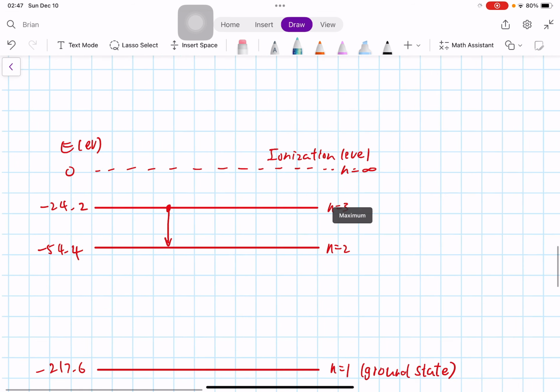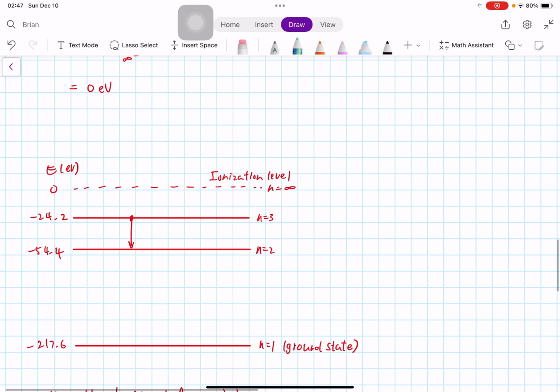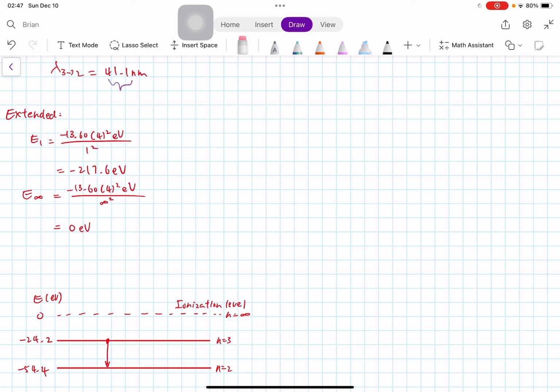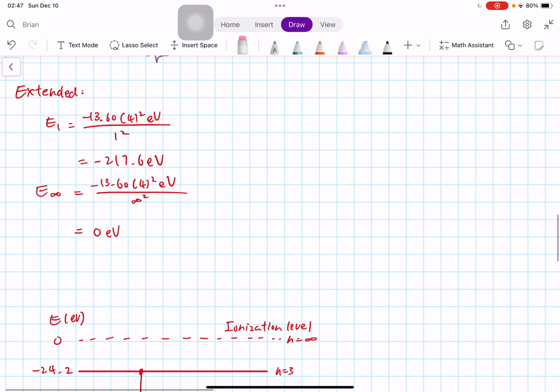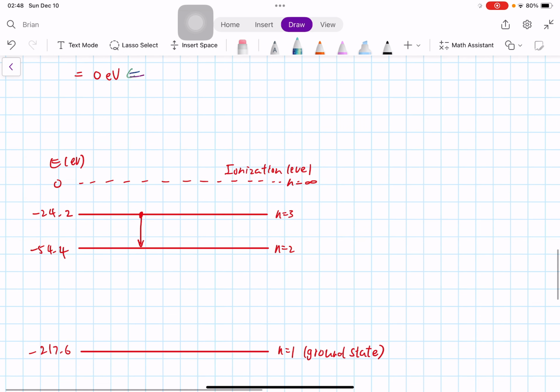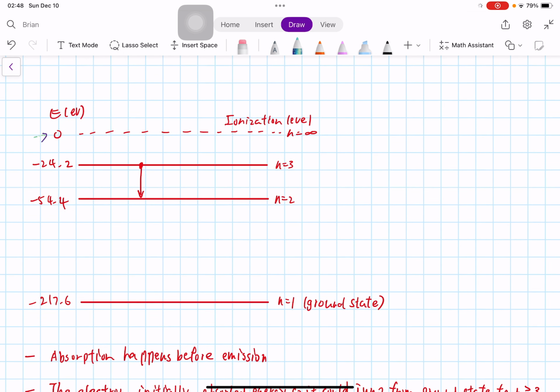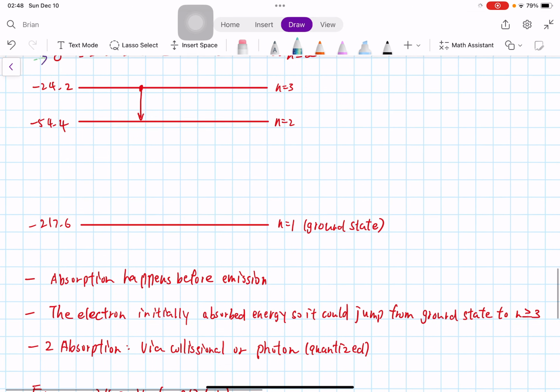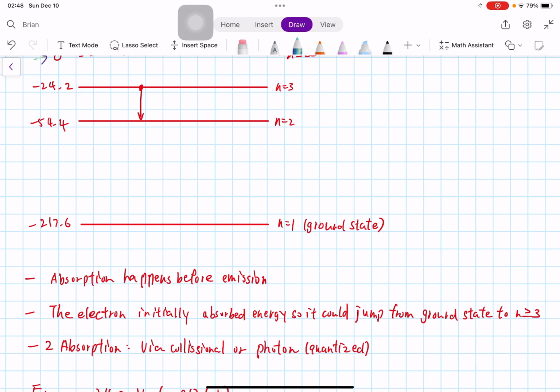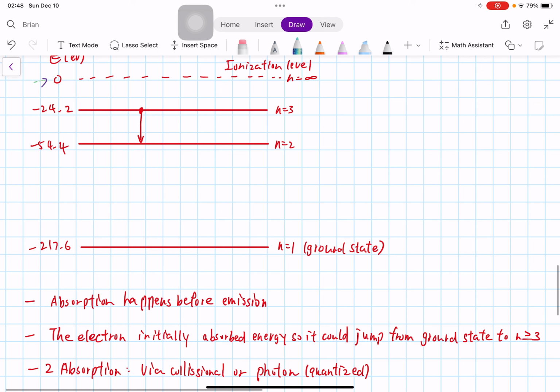If I plug in all the values here, we have E1 as this one, and E infinity would be this one. So I set here a 0, and then go here, as illustrated in the energy diagram. When n equals 1, it is called the ground state.